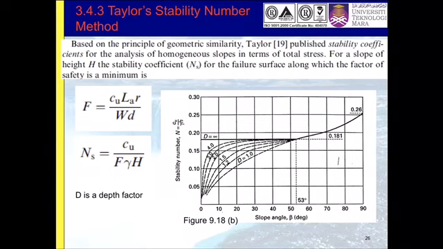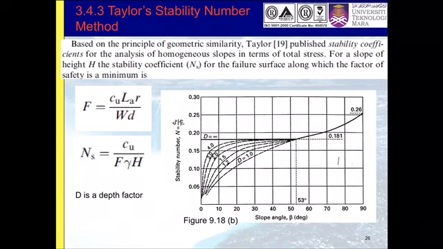We use the equation Ns equals Cu over F gamma H. So F, factor of safety, equals Cu over Ns gamma H. D is a depth factor. So from this graph, this figure 9.18b is actually the easiest figure to use.